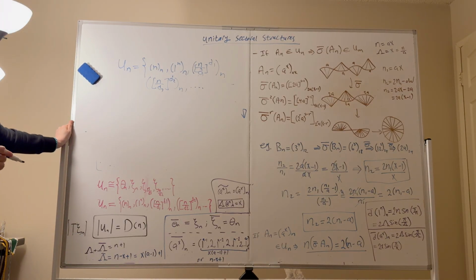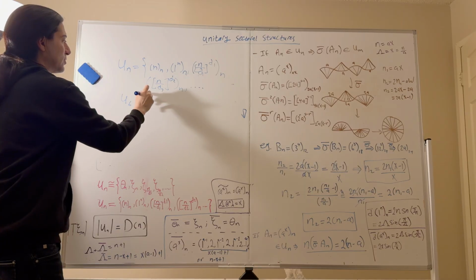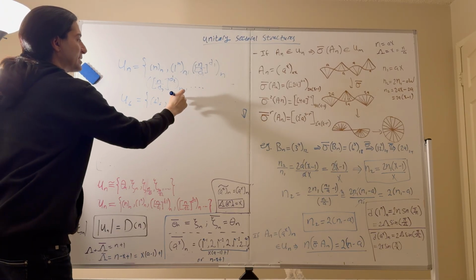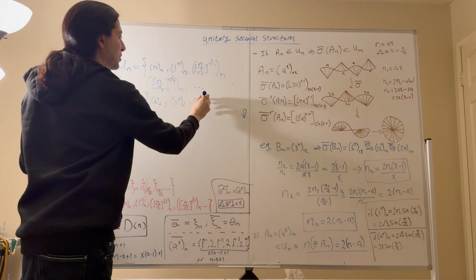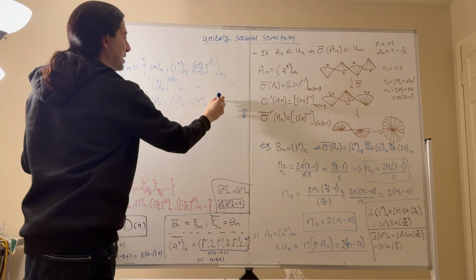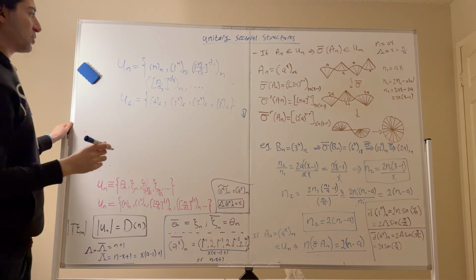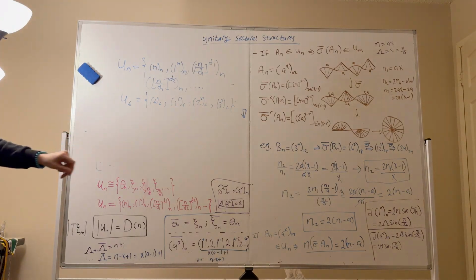Let's look at an example. Let's say U6. This would include 6 subscript 6, 1 to the 6 subscript 6, 2 to the third subscript 6, and 3 squared subscript 6. This would be U6, or the set of unitary structures of degree 6.